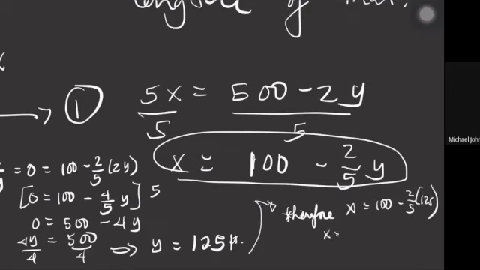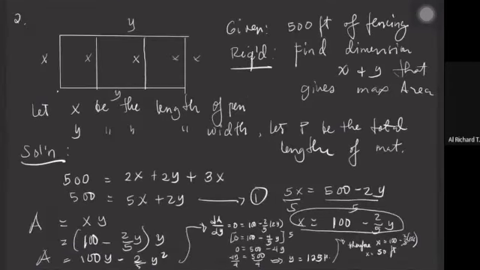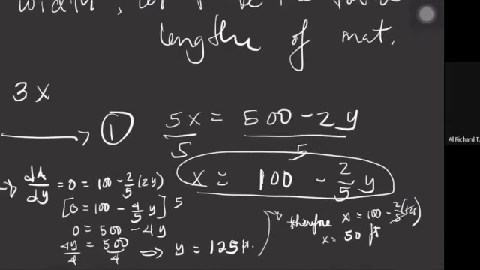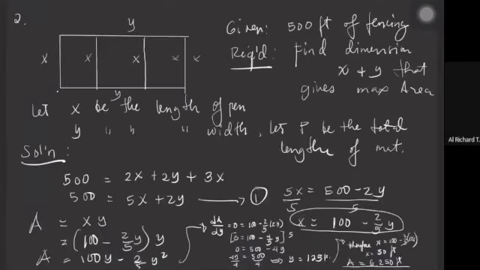That gives us x as equal to this, right? Therefore, we have solved the dimensions that give us the maximum area. So with y equals 125 and x equals 50, our maximum area is 6,250 square feet. All right? So that solves problem number 2.